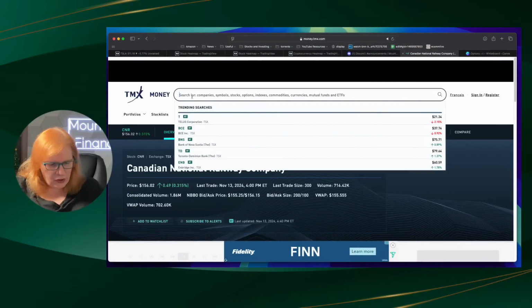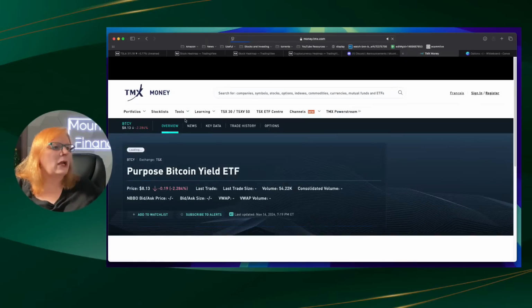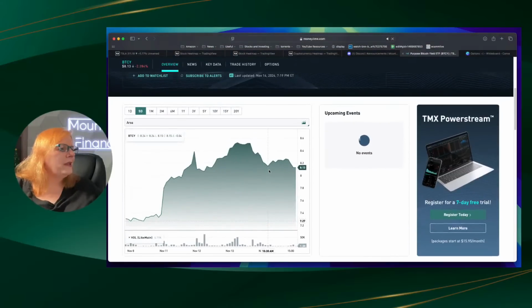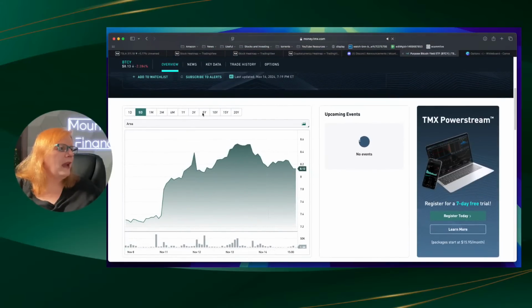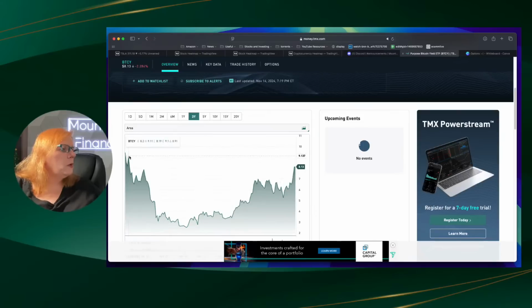The example I love to use the most is BTCY. This is that Purpose Bitcoin ETF. One of the reasons I like this one is because we have this perfect example here. It was launched right around here, and then Bitcoin went into a crypto winter.